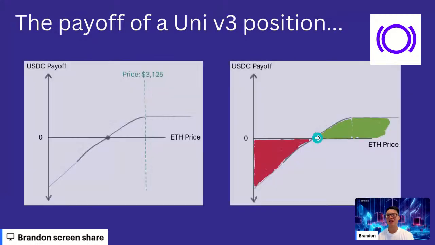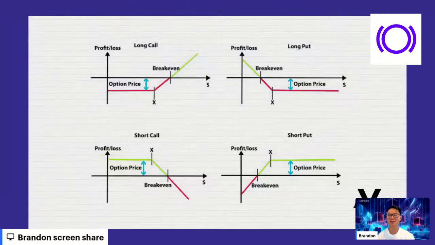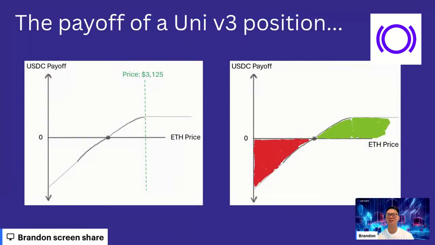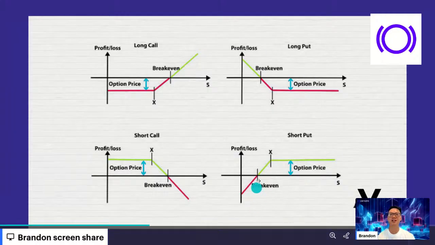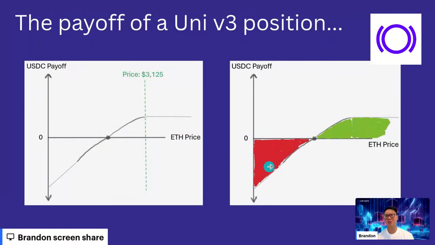So as you see between the two images, which two look the same to you? So here we have LP position, and here we have different option payoffs. So if you said short put, you're going to be right, because this short put payoff looks very, very similar to the LP position payoff.